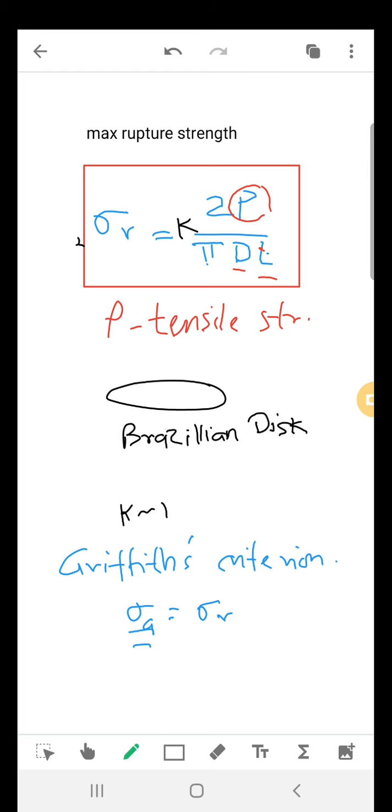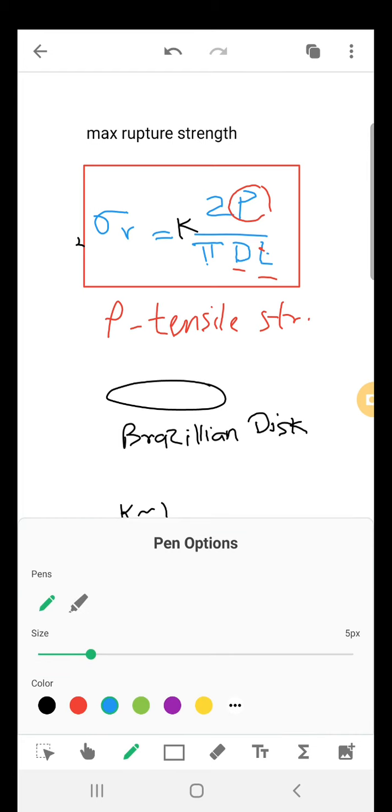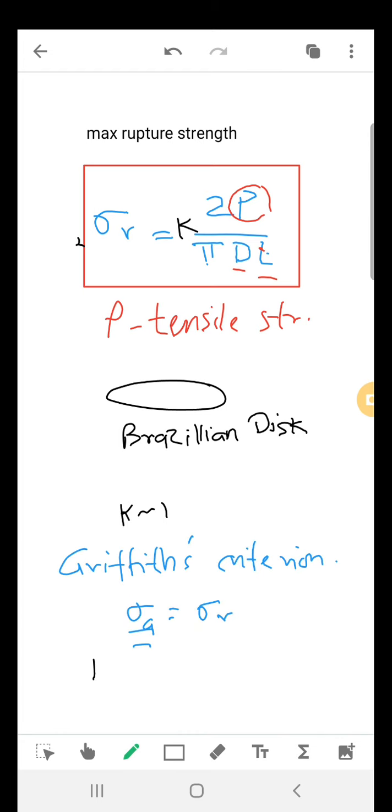So in that case, the value of k turns out to be equal to sigma g divided by 2P by pi D into t.